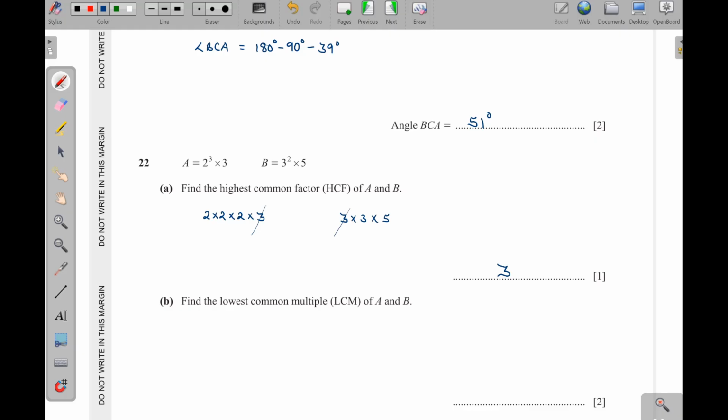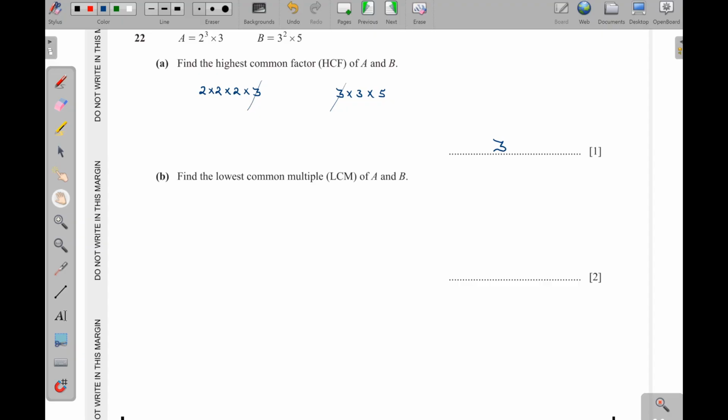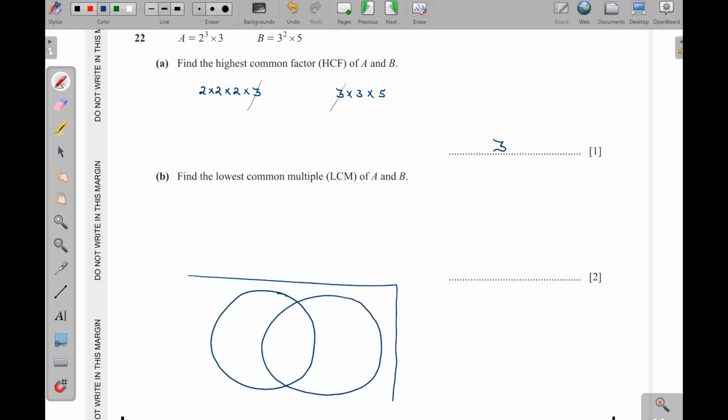Then, when we go to the LCM, let me show you something small here. I'm going to have two numbers, okay? So I'll put them in these two circles here. Something like that. One number, we have seen 3 is common, so I'll leave 3 here.